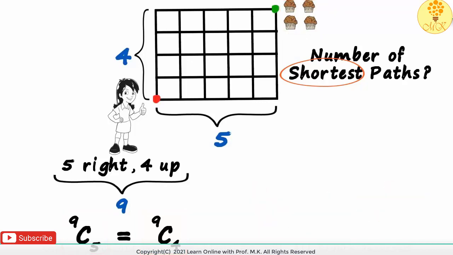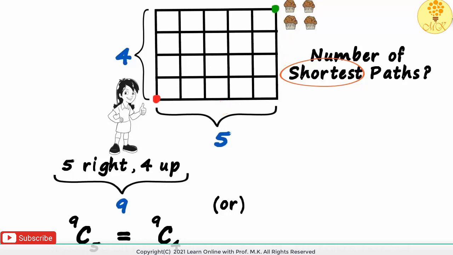But is there another interesting way to arrive at this answer? Can we use another approach we have used before? Think. Could you think of anything? Okay, so we know that Zara will be moving 5 units to the right and 4 units upwards. We know that for sure.